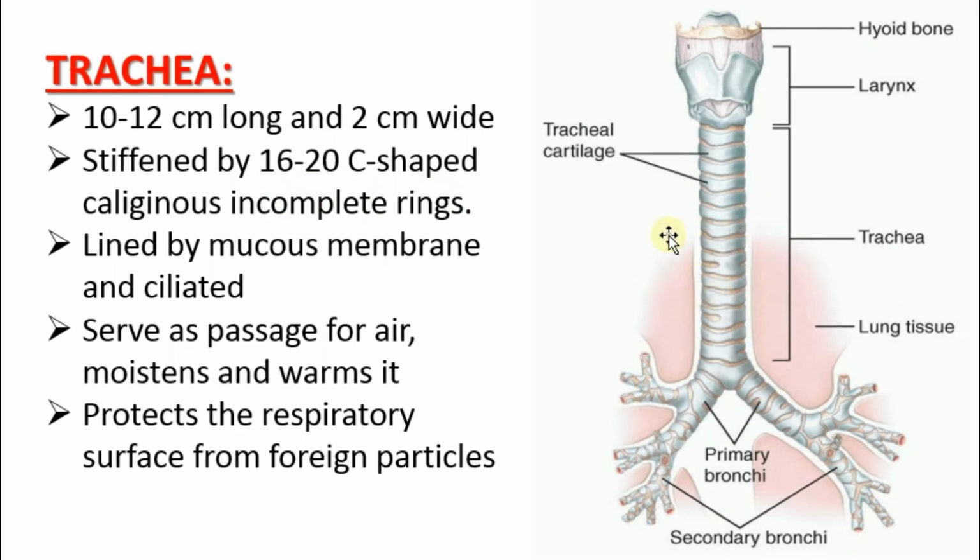Their number is about 16 to 20. The trachea is also lined by mucous membrane and cilia. It also helps moisten and warm the air which passes to the lungs, and also helps protect the respiratory surface from foreign particles.